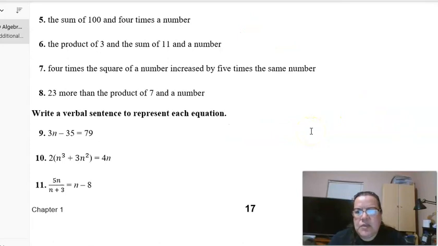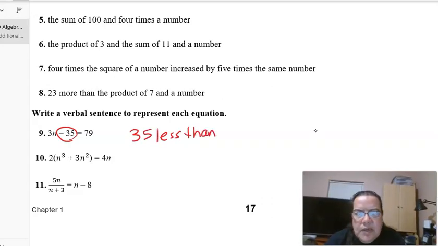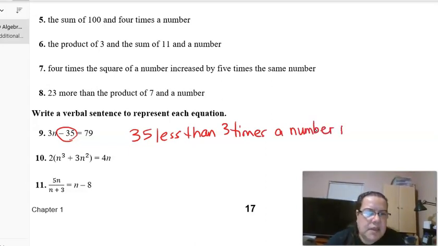Let's continue looking at some of these. It says to write a verbal sentence to represent the equation. So remember that I see 35 less, so I'm going to write that first. 35 less than, because remember that flips it, 3 times a number, in this case the number is the letter n, is, and you could put is equal to, but is means the same thing, is 79.